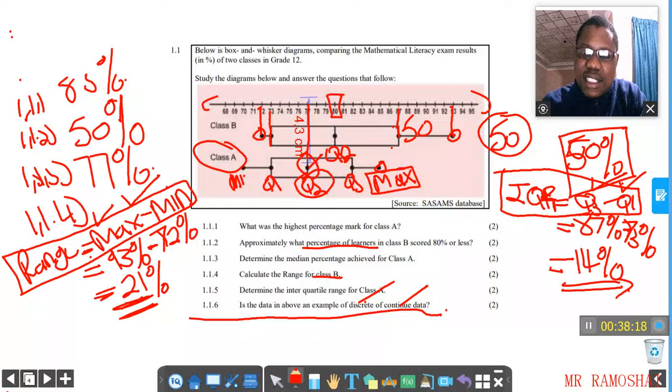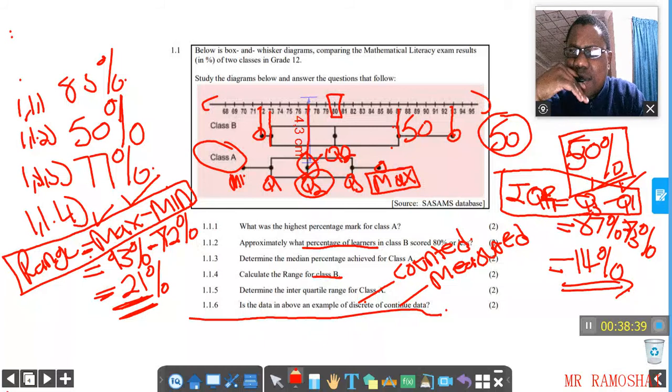Okay, guys, the only difference, and the only thing that I want you to put in your mind, is that discrete data can be counted, or you can say it is countable, and continuous is the data that can be measured. Then you're done.